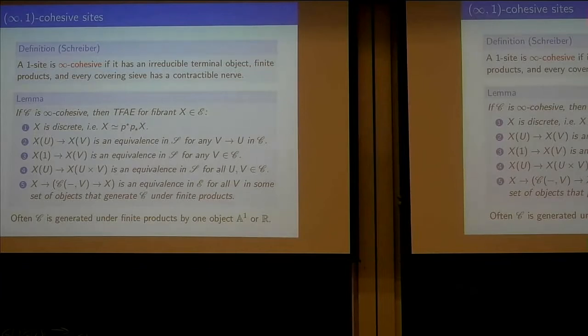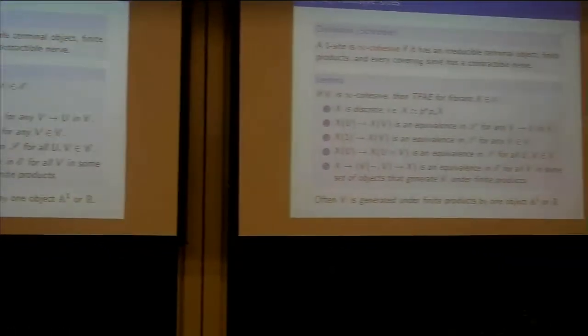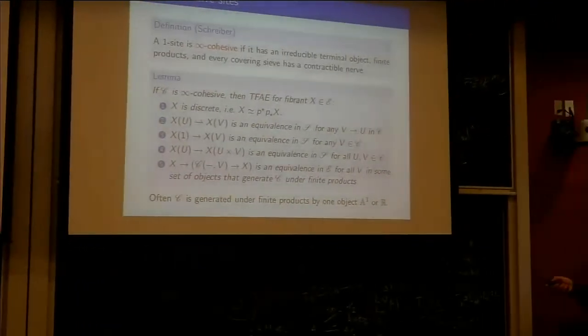So this is the Grothendieck topology way of saying that our local geometric models are locally contractible. So our models are contractible, so that our spaces are locally contractible. When this is true, then you muck around with what it means to be discrete, and you get an internal characterization.